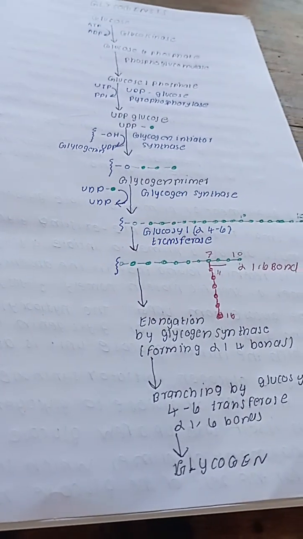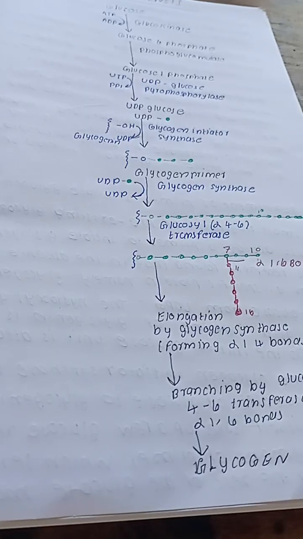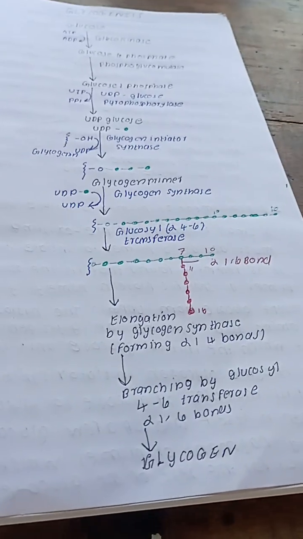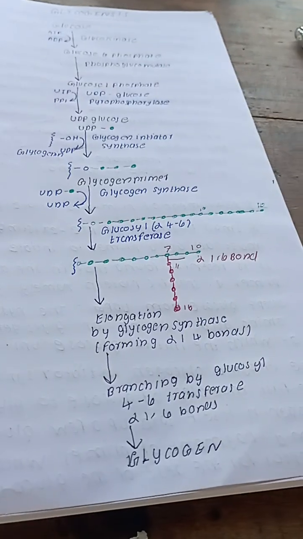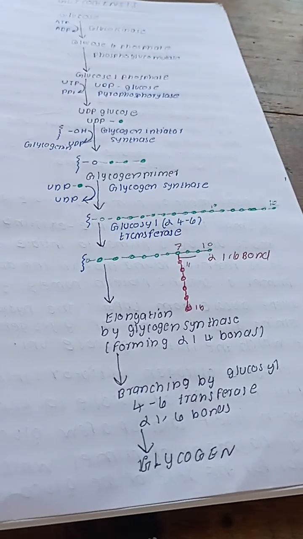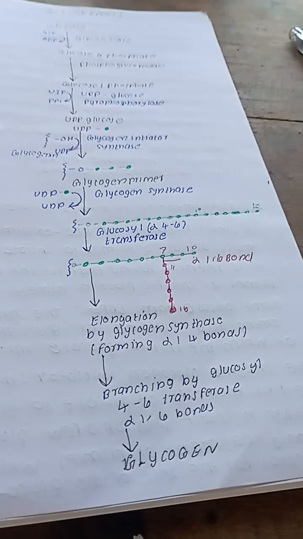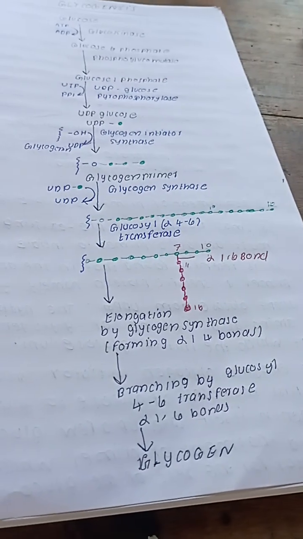Then comes glycogen synthesis, where glycogen is synthesized with alpha 1,4 linkages at the non-reducing end.